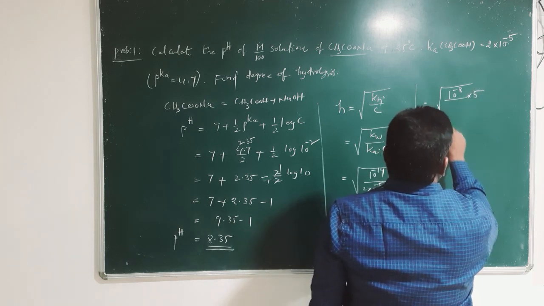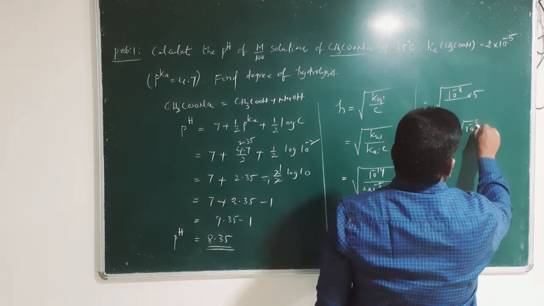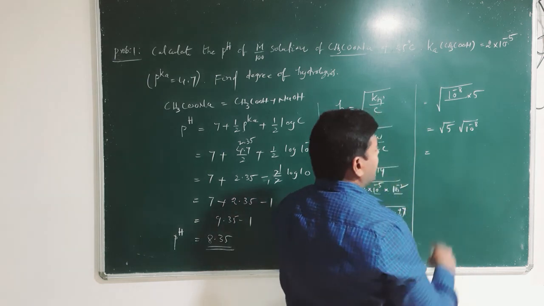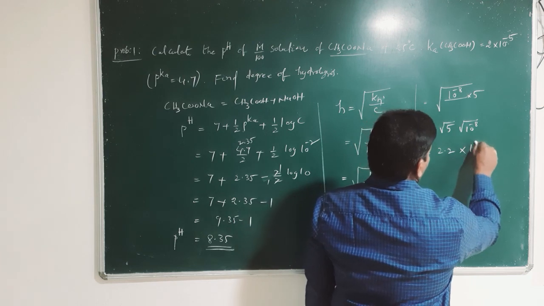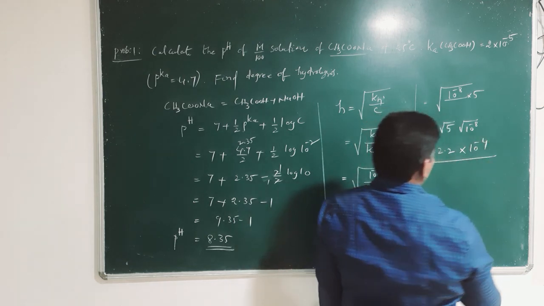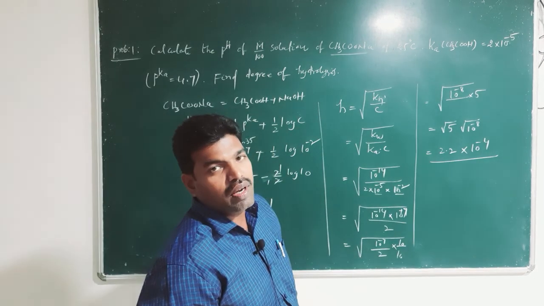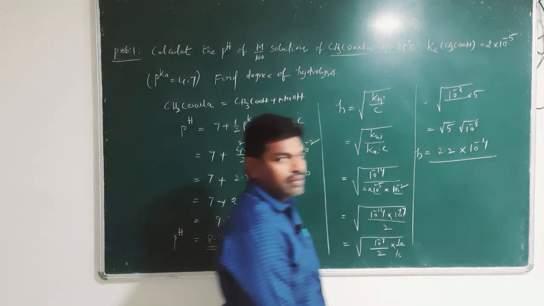So we can write it as root 5 into 10 power minus 8. Root 5 is about 2.2, so it is 2.2 into 10 power minus 4, which is the degree of hydrolysis.